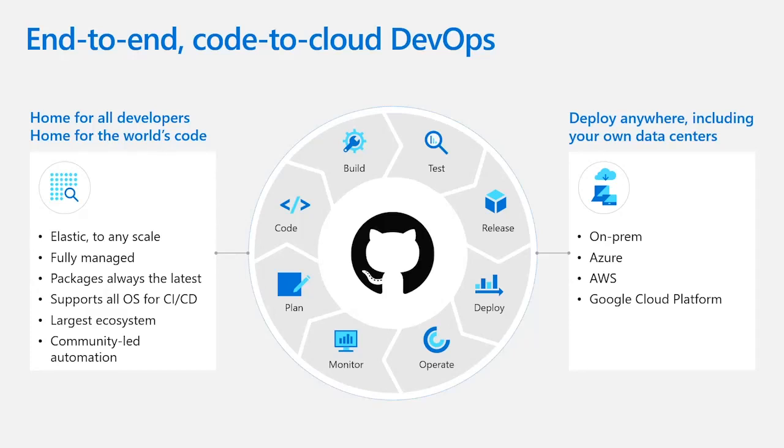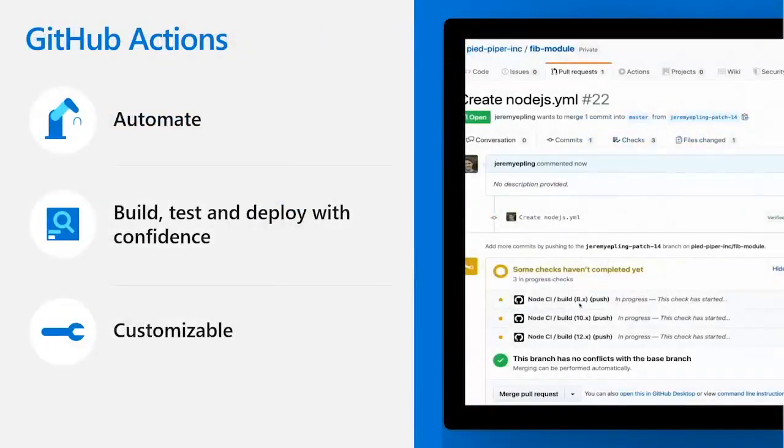We can deploy anywhere, whether it's on-prem, in Azure, AWS, or Google Cloud Platform. It's completely elastic, fully managed, and best of all, it supports all operating systems for CI/CD. Now, GitHub Actions, as we've talked about, will allow us to automate. We can increase our automation right from within our project.